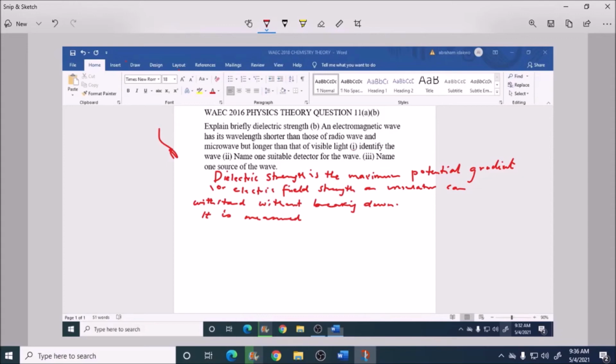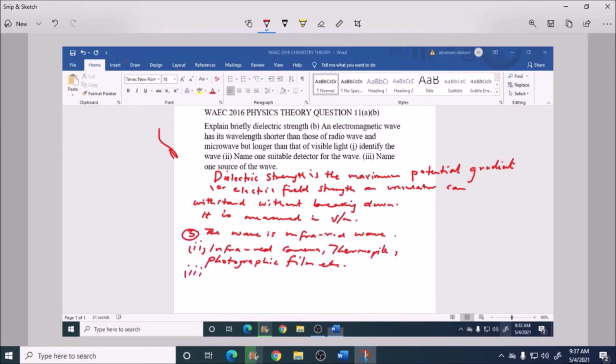The suitable detector can be an infrared camera, it can be a thermopile, it can be photographic film, etc.